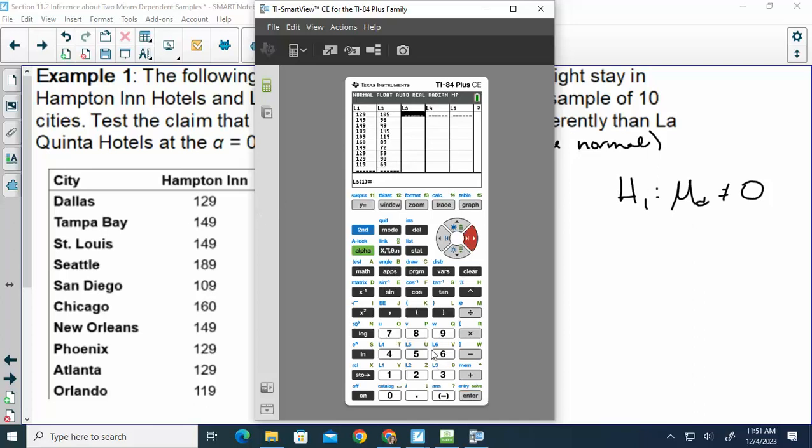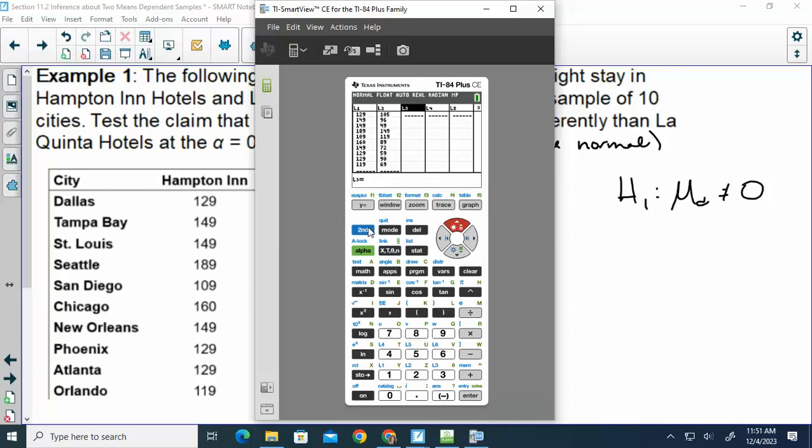So I'm going to go to my L3. And you could go through and physically subtract each of those values to get it. But if you go up on top of the title, L3, so I have it highlighted, we can tell the calculator we want that to be the difference. So we're going to make this L1 minus L2.